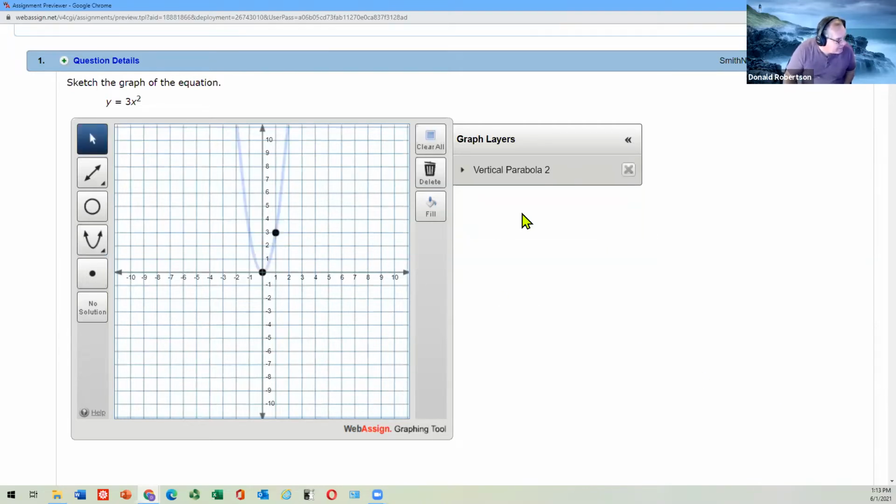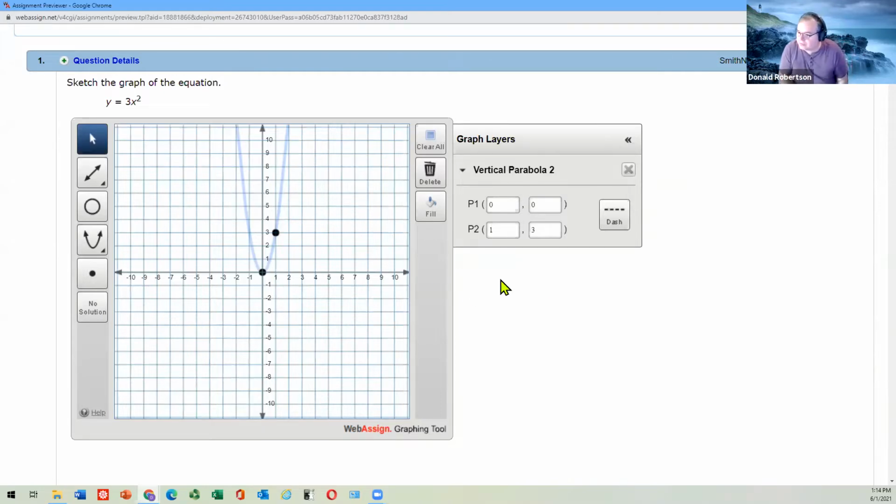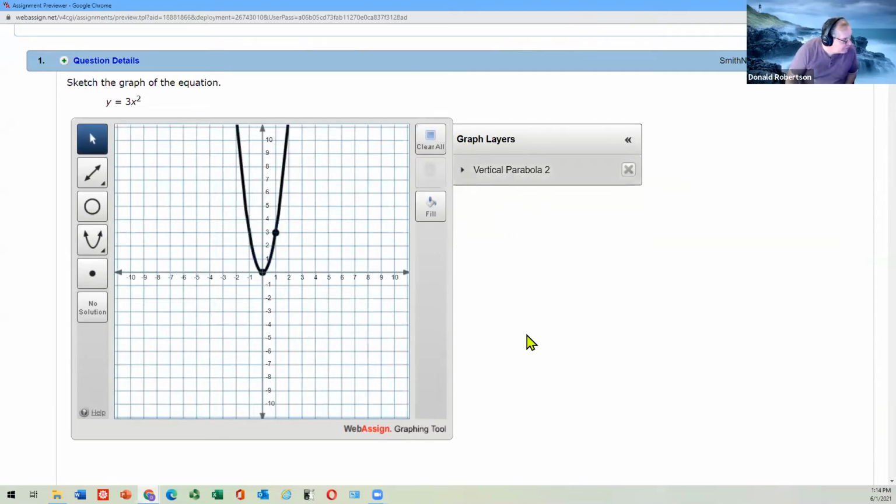And if you think you might have missed a point, you can go over here and check the coordinates to make sure that they are 0, 0, and 1, 3, just in case it's, I don't know, 1, 2.9 or something. In case you're almost right, but not quite. And that's pretty much all you need to do to sketch a quadratic in WebAssign. You need to know 2 specific points. When it's a 3x squared one, you've got that.